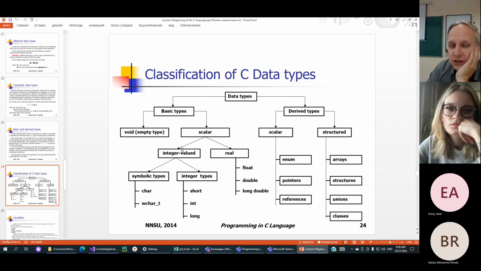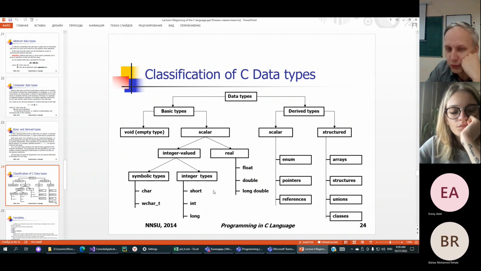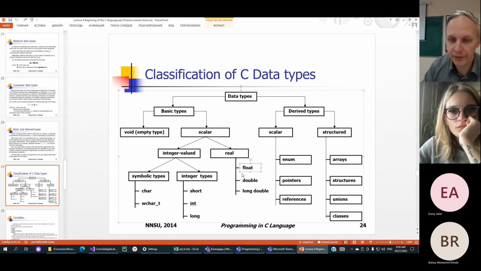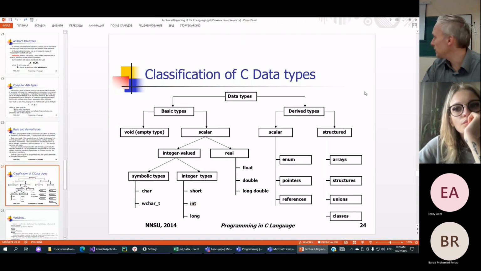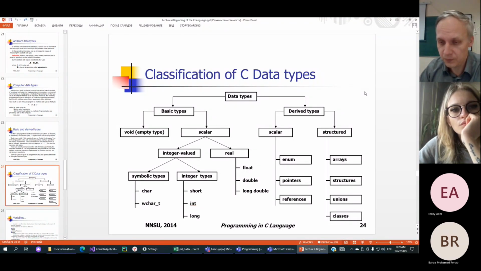Scalar types are divided into integer valued and real data types. And here also we have a set of different data types, but the most important for you are two of them: int for integer numbers and float for real numbers. What is the meaning of derived data types we consider later.